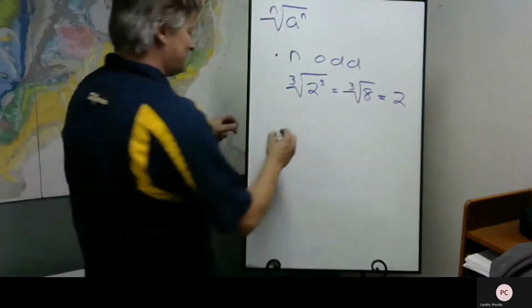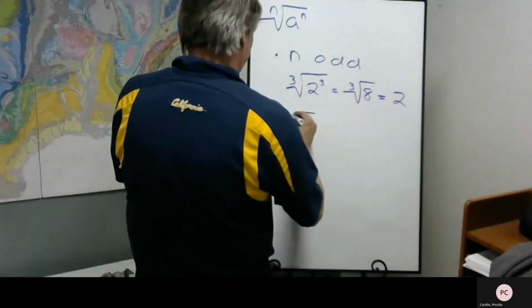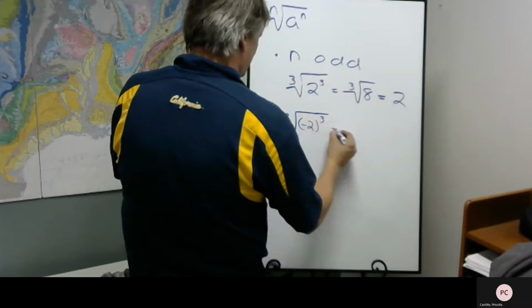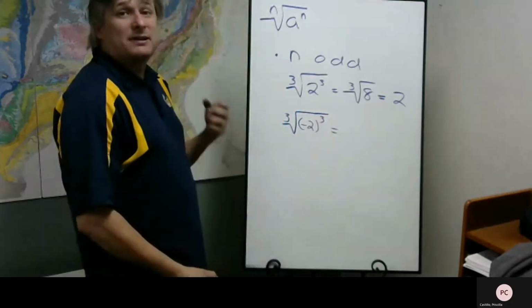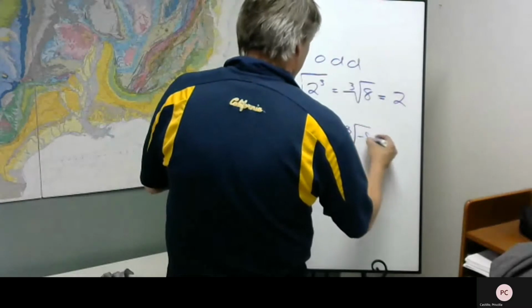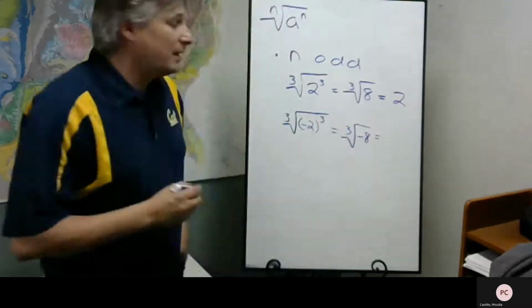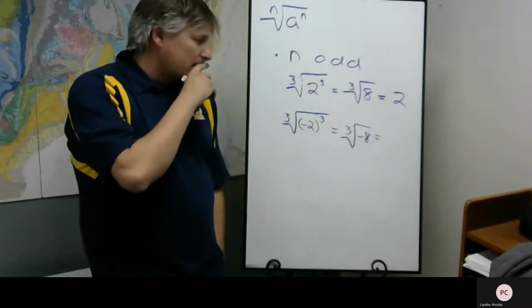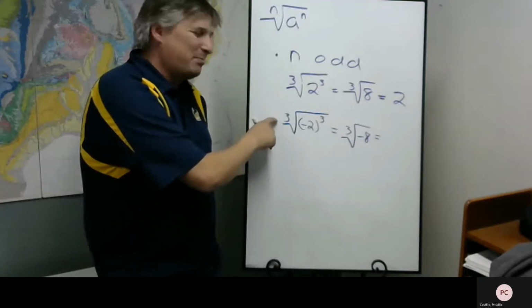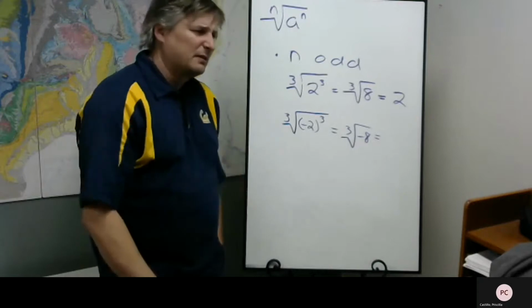Now, here's what's a little different with negatives. Negative 2 cubed is negative 8. Now, it is okay to take the odd root of a negative number. We're not going to worry about this whole positive root business here.